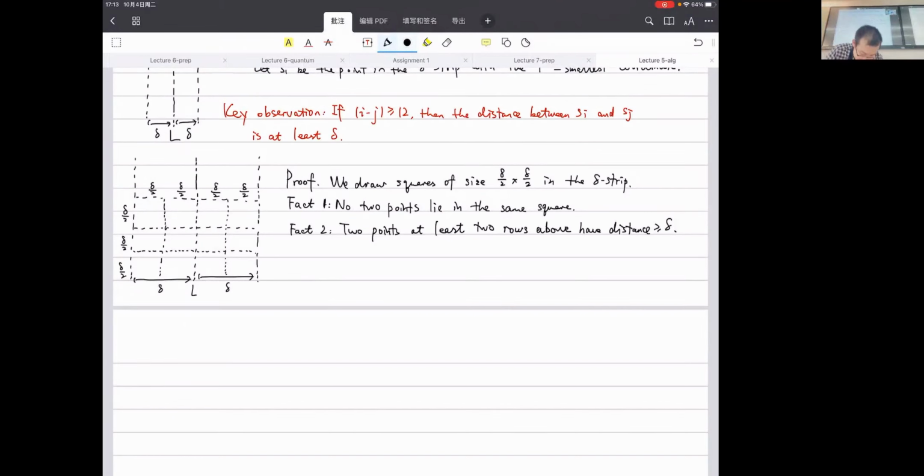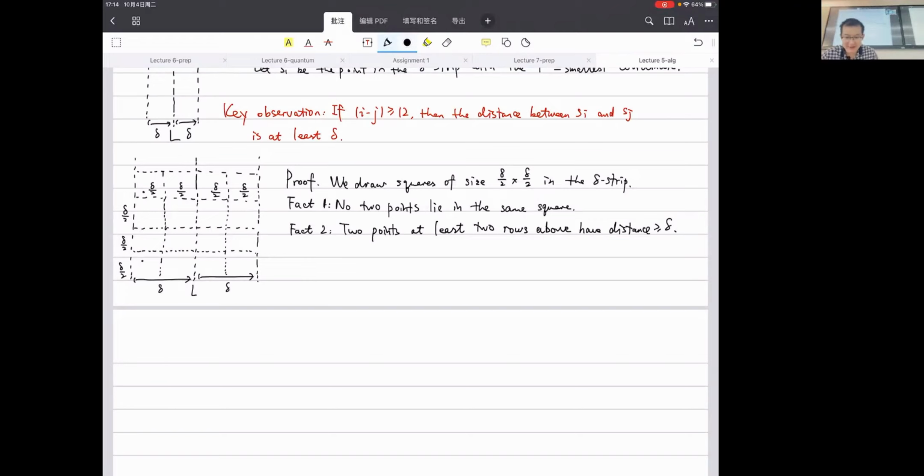For instance, assume a vertex in this first layer, and then you consider some vertex in the fourth layer. If they differ by at least 2 layers, the distance should also be at least delta. This is also something we can clearly see here. I guess these two facts should be relatively straightforward, right?